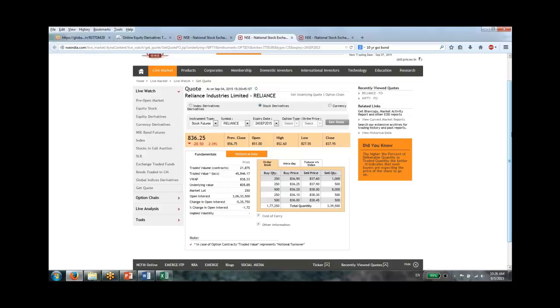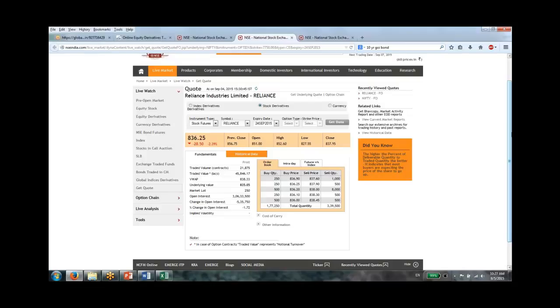When the open interest is increasing and the price is increasing, it is a bullish trend. Why? Because open interest increases when new contracts are being created in the market.